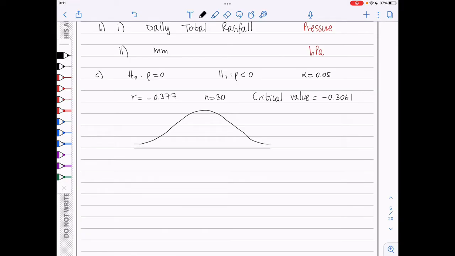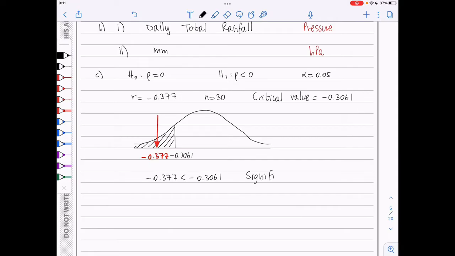The minus 0.3061 is here. It's the critical value which defines the critical region, and what we have just seen, the minus 0.377 lies within the critical region. So minus 0.377 is less than minus 0.3061, which means this is significant.